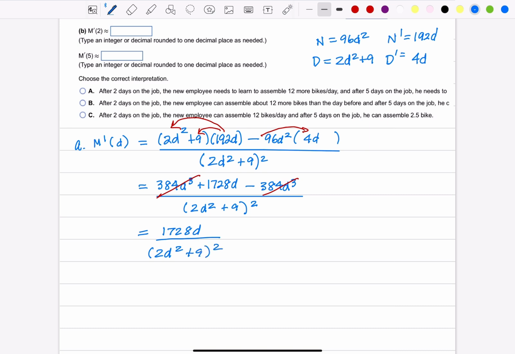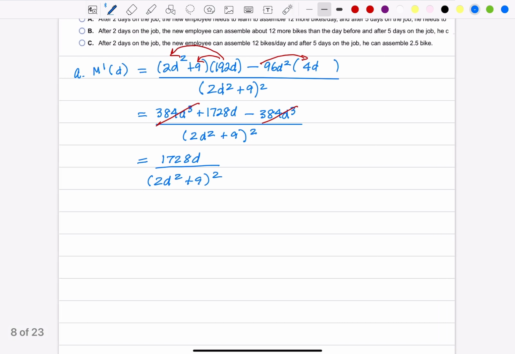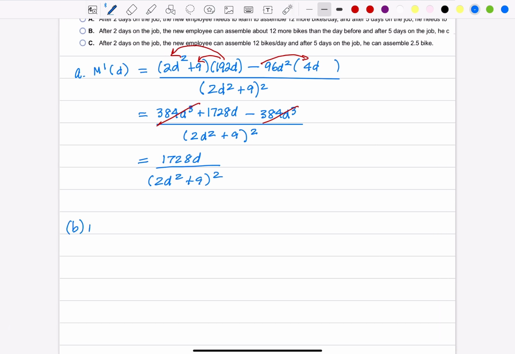Now they asked me to find, in part B, M prime of 2, and part C, M prime of 5, and then interpret what that means. So M prime of 2, 1728 times 2 over 2 times 2 squared plus 9 all squared.